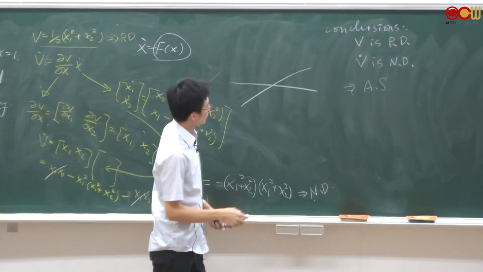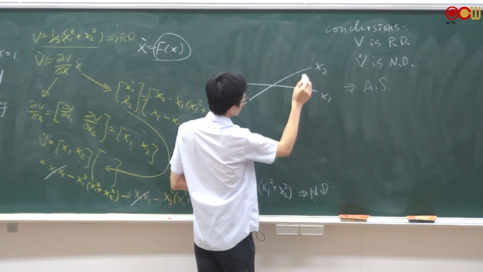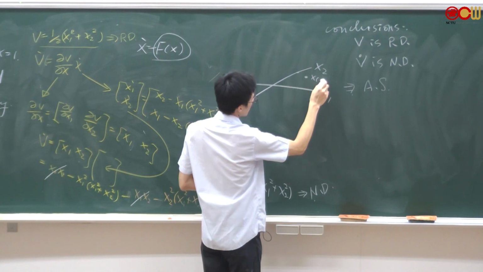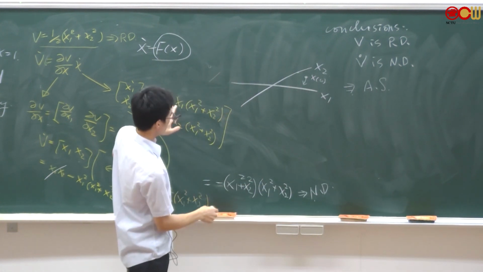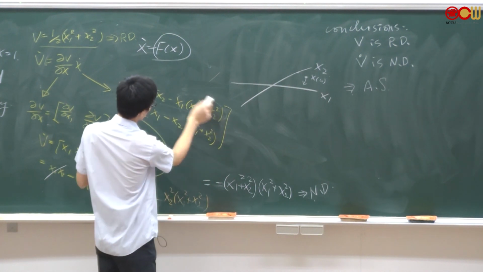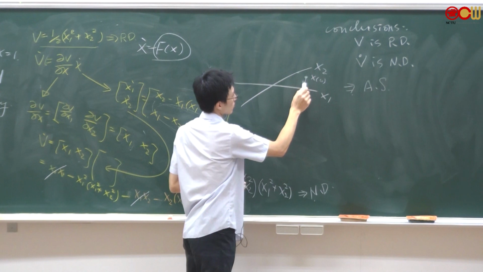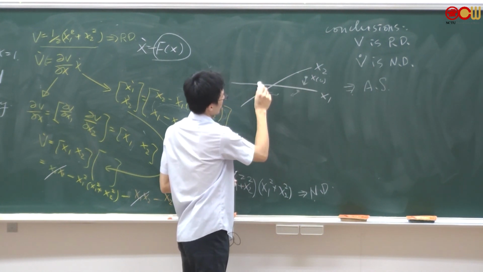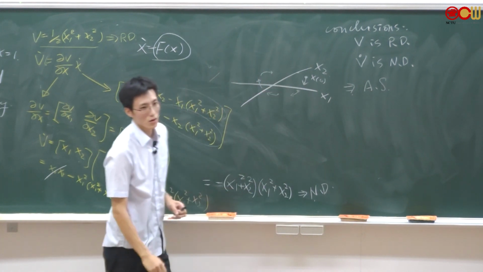If you don't believe it, you can plot x1, x2, choose any initial condition, and see what the vector field is according to the dynamics. You can construct the vector field at every point, and eventually they will converge to the origin.